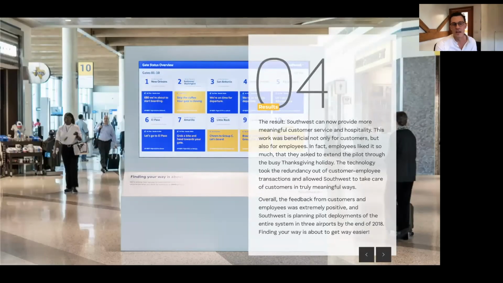More tangibly, Southwest Airlines just engaged a firm, and they're testing this now, on the surface a graphic design challenge of redesigning the signage in their terminal in Dallas. But they took a service design approach to all of it. If you look closely up there, you can see one of the signs says, skip the coffee, your gate is closing. What they found through research was that these are the things people wanted to know.